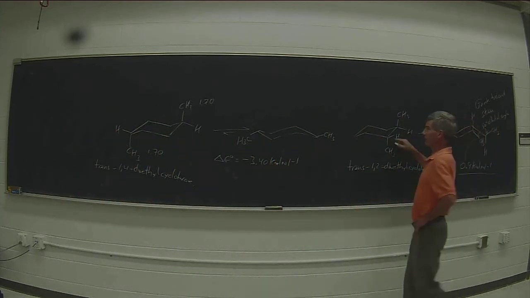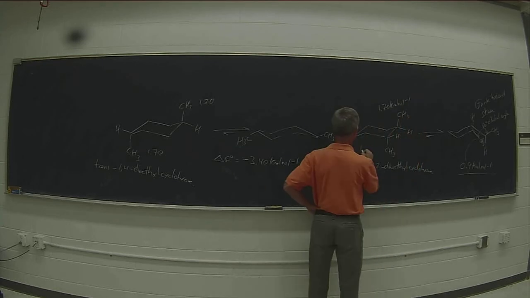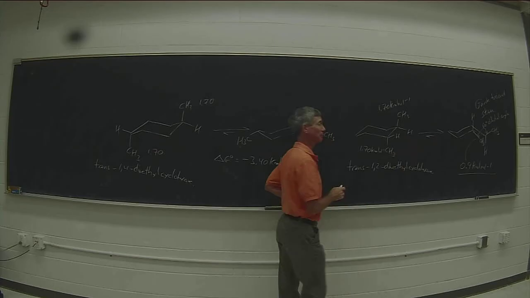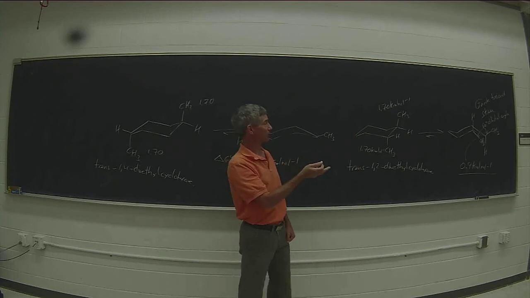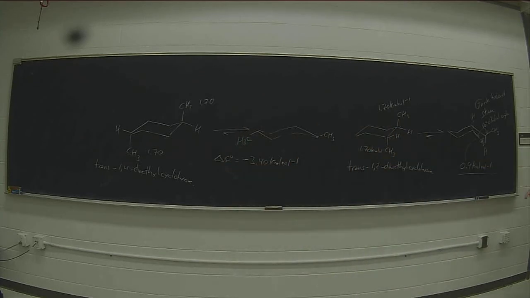So in this case, we have 1.70 kilocalories per mole energy cost for putting that methyl group axial, and 1.70 kilocalories per mole energy cost for putting this methyl axial. Both of those are relieved, but we end up with a strain of 0.9 kilocalories per mole in the product.